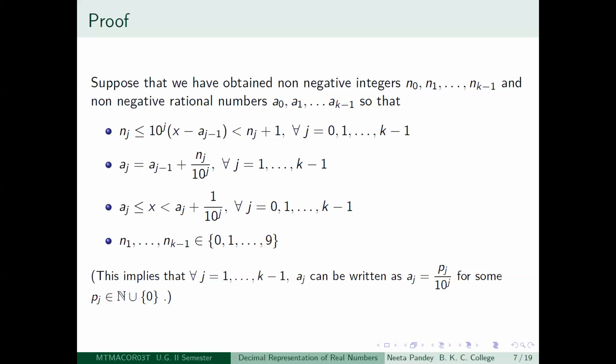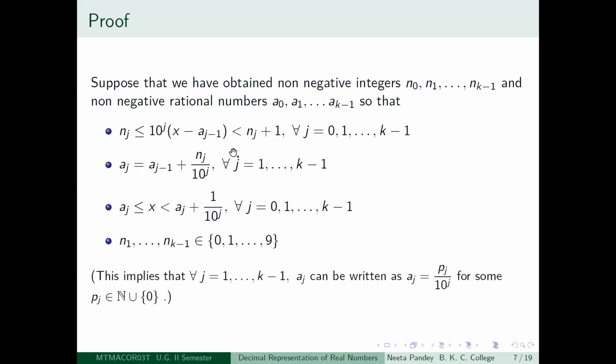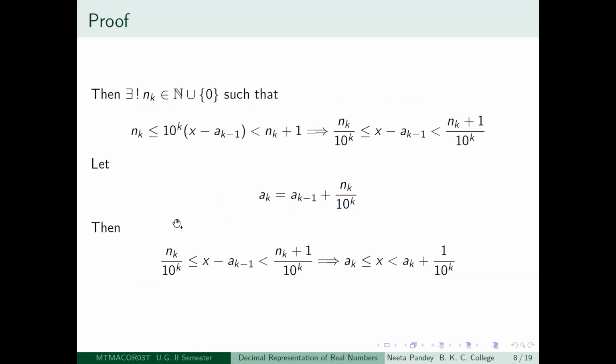Okay, so suppose you have these numbers in hand. The next number is obtained in a similar fashion: you look at the non-negative real number x minus ak minus 1. x minus ak minus 1 is greater than or equal to 0 by the relation which we have, and therefore if you multiply it by 10 to the power k, you still have a non-negative real number.